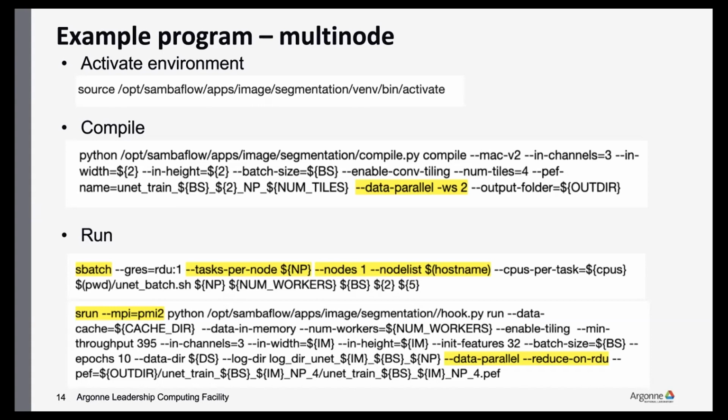You can also choose the total number of nodes that you want to run on. And specifically, you can also choose to specify the node list, which is nothing but the host name, as we have already seen in the previous slides.